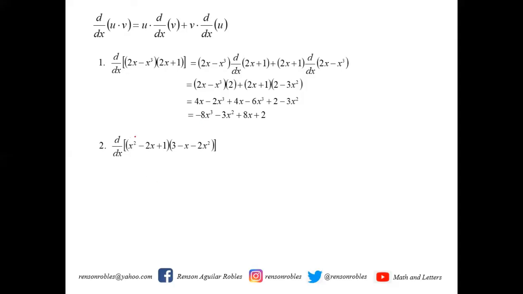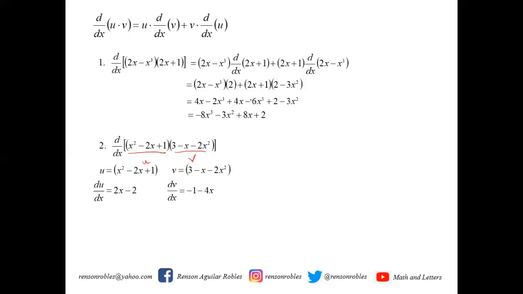Okay, so again, we shall let this be our u, that's x squared minus 2x plus 1, and this shall be our v, okay? And then we know that the derivative of x squared minus 2x plus 1 is 2x minus 2, and then the derivative of v is negative 1 minus 4x.